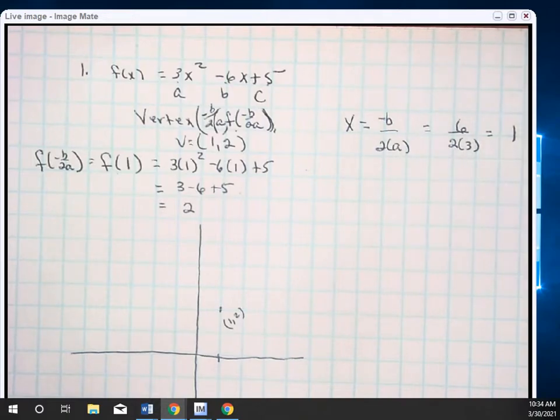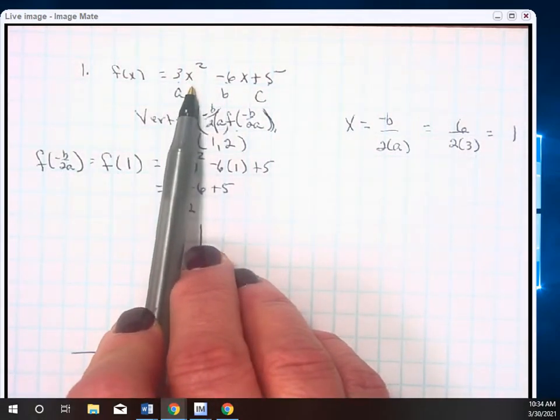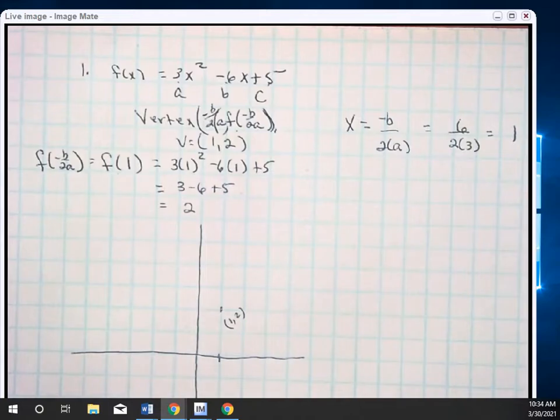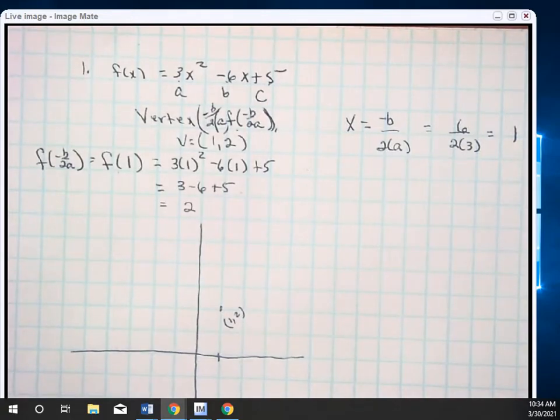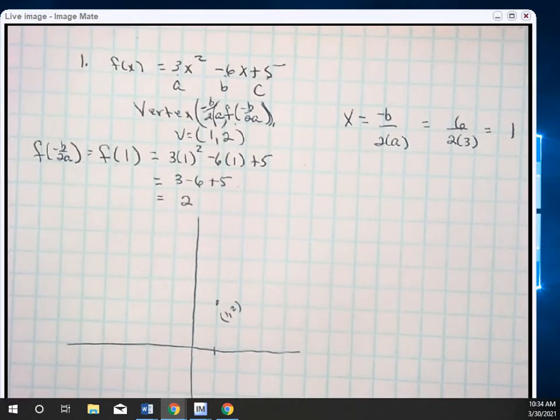The order of operations says to do exponents first. 1 squared is 1 times the 3. The 3 is not being squared because it's 3 times the x squared. The 3 is being multiplied by your value of x, and x is the only one being squared. Very good question.